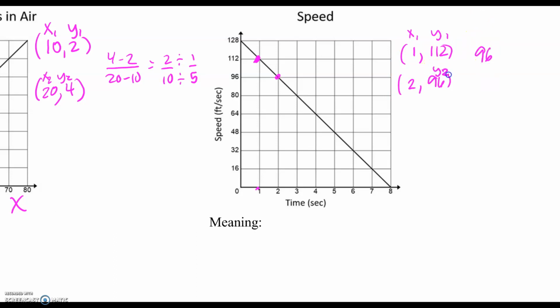I forgot to label it. Minus 112 over 2 minus 1. 96 minus 112 is going to be a negative number, and it's 16 over 1. So we leave it like that, negative 16 over 1.